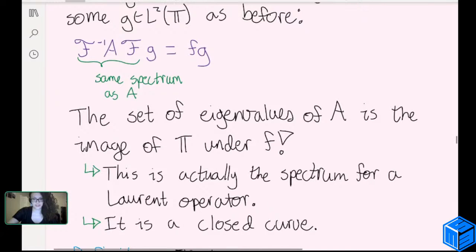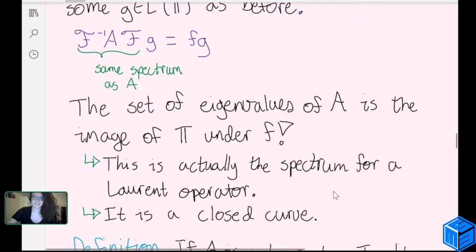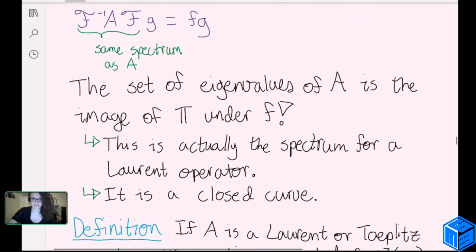And we want this to be a closed curve. So from now on, in order to ensure that we have a closed curve, we are going to demand that our symbol f is continuous. It's still square integrable, but we also need it to be continuous now.